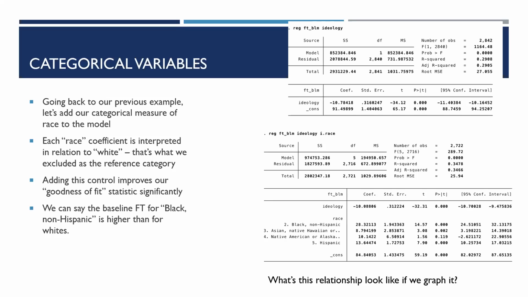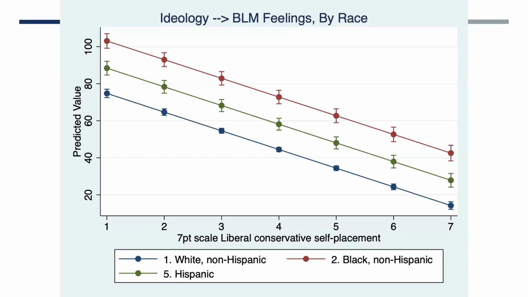We can assume that the relationship between ideology and the feelings thermometer, we'll assume that it's the same for each of these. Just the line is going to start above or below some point on the y-intercept. And if we graphed it, this is what that would look like, right? So we see the same average effect for whites, blacks, and Hispanics graphed here.